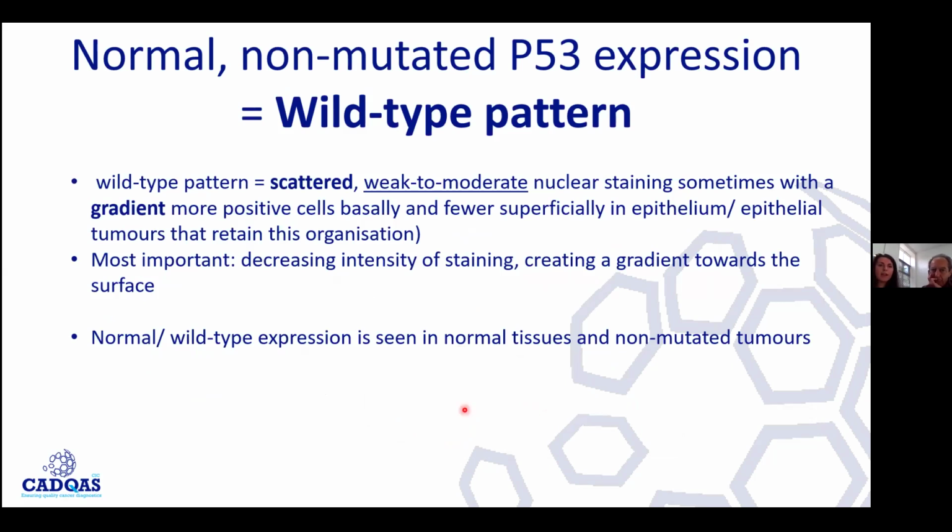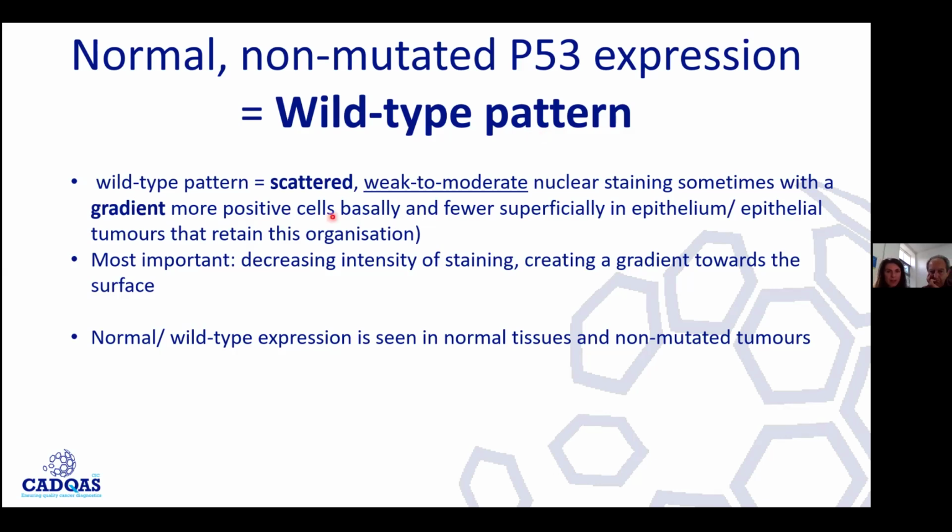And I just want to go as fast as possible to the immunohistochemistry, because we need to first focus on this normal or non-mutated P53 expression, because we say normal because that's the expression in virtually all tissues, right? But then the same pattern we see in benign tumors, usually in low-grade malignancies.